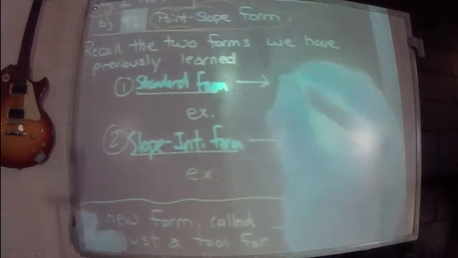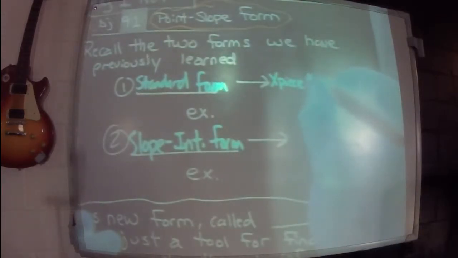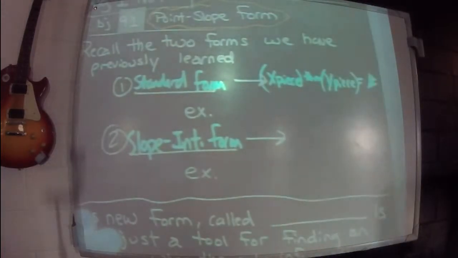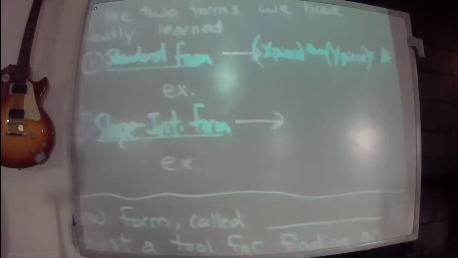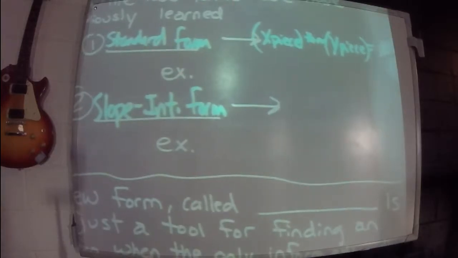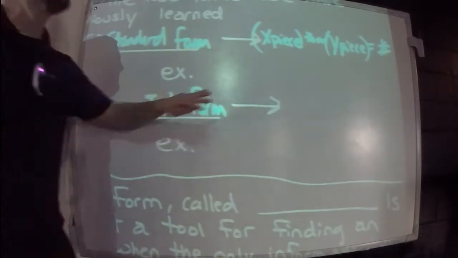Remember how we just said it was the x piece, then the y piece, equals number, with the 2 rules. What might this look like? X piece plus y piece equals number sign, or x piece and y piece equals number sign.